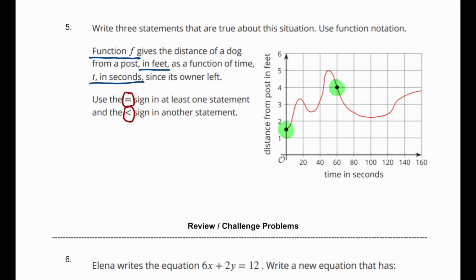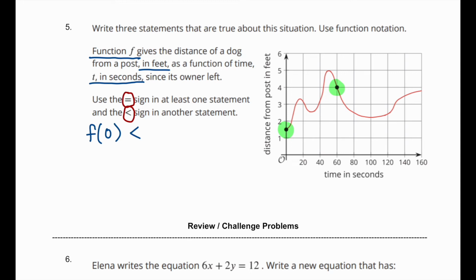So we are going to say, using these first two values, the function value, or f, of 0, meaning our input at 0 seconds, is going to be less than our output value at 60 seconds.